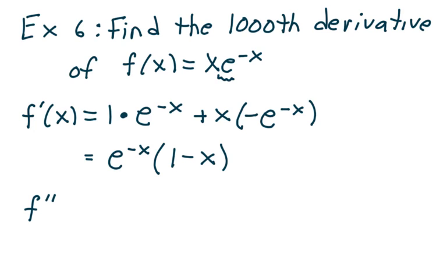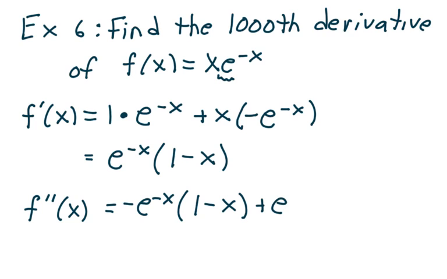Let's see what the second derivative brings. So the derivative of e to the negative x is negative e to the negative x, but I'm going to multiply by the derivative. So we took the derivative of e to the negative x, right? And got negative e to the negative x. And we're going to multiply by 1 minus x. And then we're going to add e to the negative x times the derivative of 1 minus x, which is negative 1.